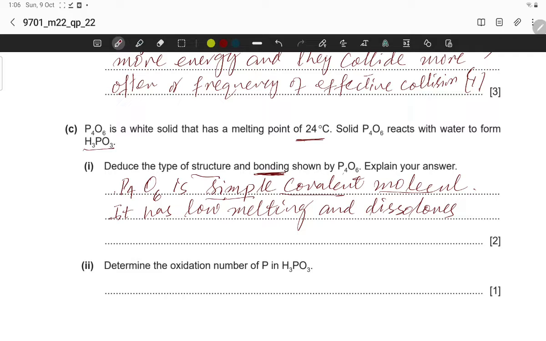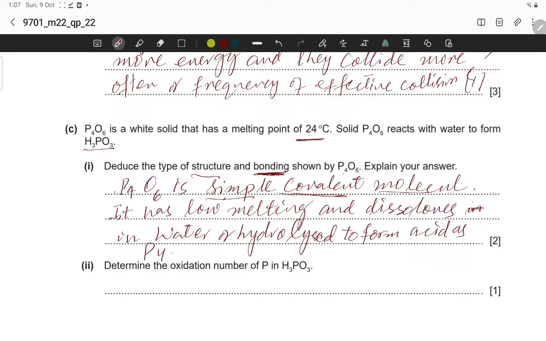It dissolves in water or is hydrolyzed to form acid, as P4O6 is an acidic oxide.